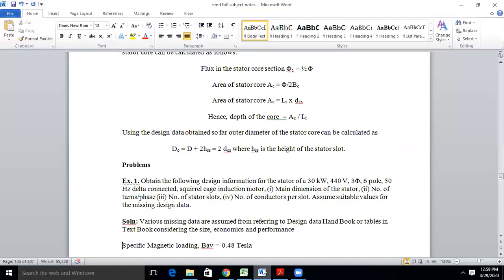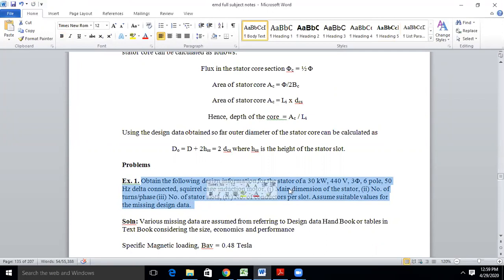So here I have taken these examples. Example number one. This is completely based on the stator design of induction motor. Obtain the following design information for the stator of a 30 kilowatt, 440 volt, 3 phase, 6 pole, 50 hertz, delta connected squirrel cage induction motor.